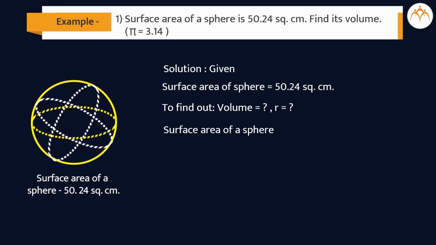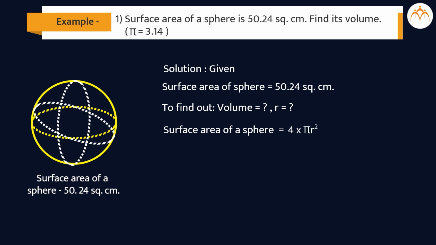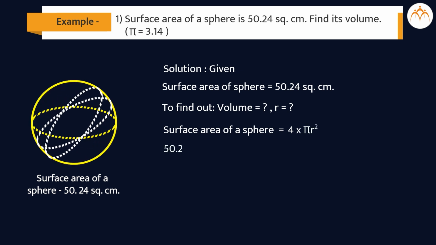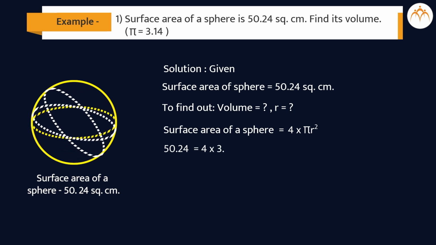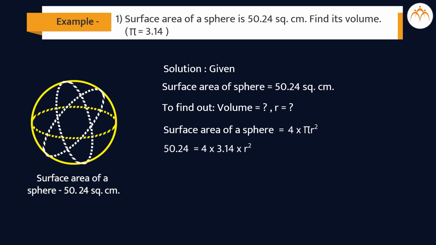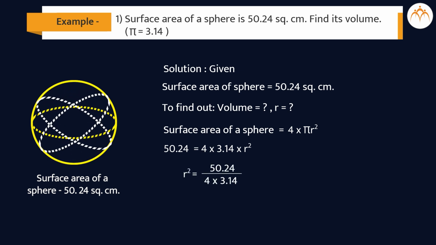Surface area of a sphere is equal to 4 multiplied by pi r square. Therefore, 50.24 is equal to 4 multiplied by 3.14 multiplied by r square. R square is equal to 50.24 divided by 4 multiplied by 3.14, which is equal to 4.